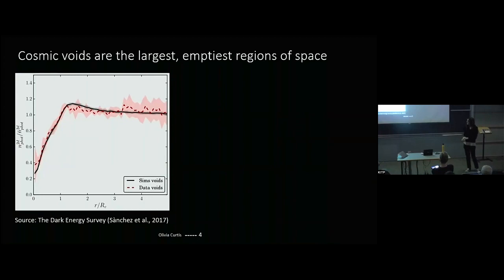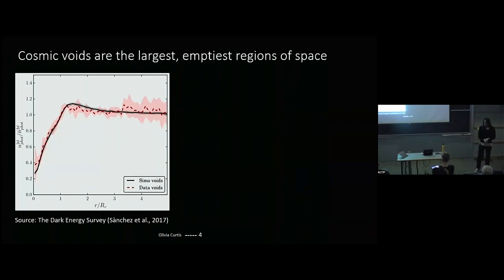Here are results taken from the Dark Energy Survey's void study, where on the y-axis we're plotting the number density of galaxies within voids, normalized by the total number density of galaxies in the survey as a whole, as a function of void radius.